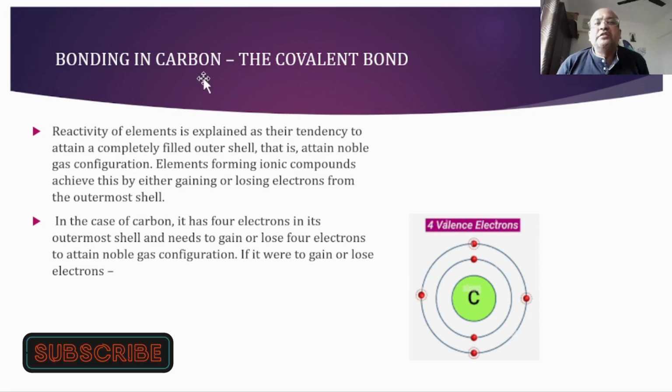Now let's see bonding in carbon, what type of bonding carbon gives. Till now we have come across the ionic bond, where the transfer of electrons was possible. We gave the example of the formation of sodium chloride, where 1 electron of sodium is taken by chlorine to form sodium chloride.